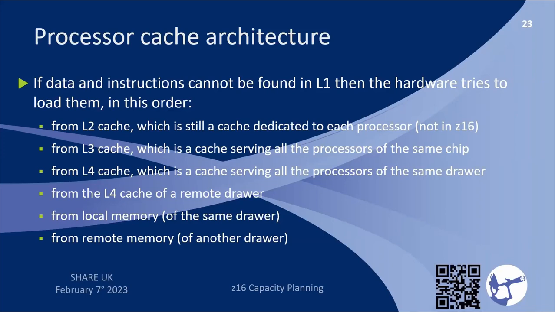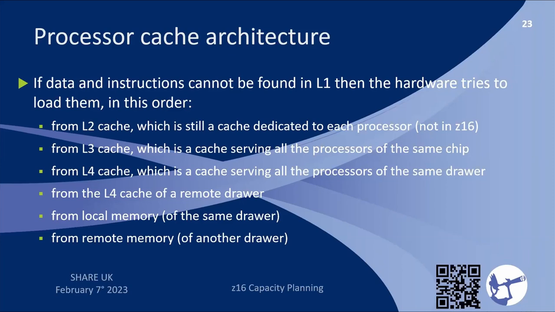If you do not find what you're looking for in level 2, then you have to go forward, trying what you're looking for in level 3, in level 4, then the level 4 from a remote drawer, then in memory, and the worst case is remote memory. And what is the bad situation here is that whenever you don't find what you're looking for in level 1, then your CPU is spinning, waiting for the system to fetch what it's looking for.